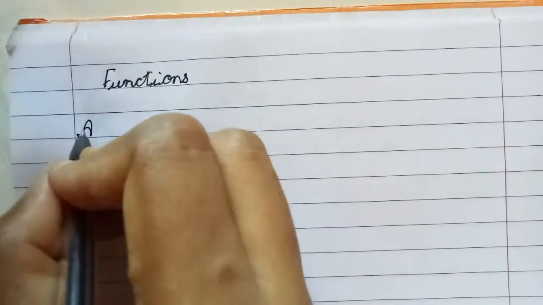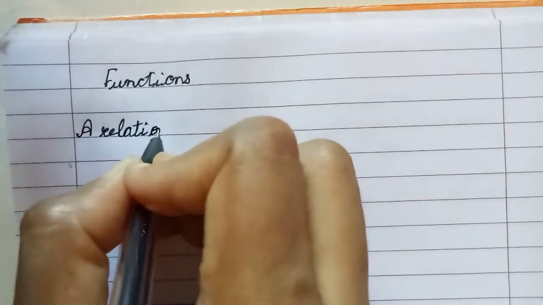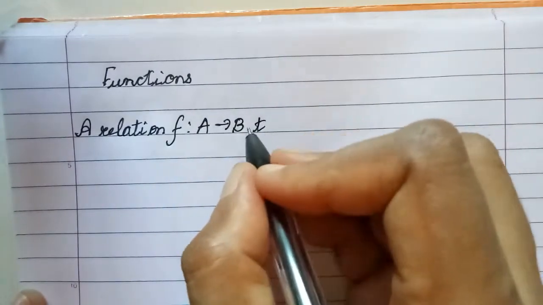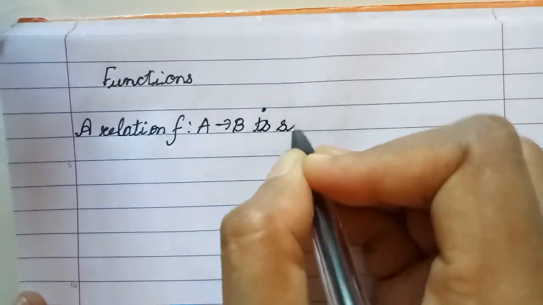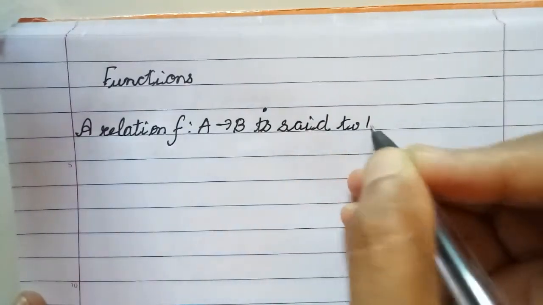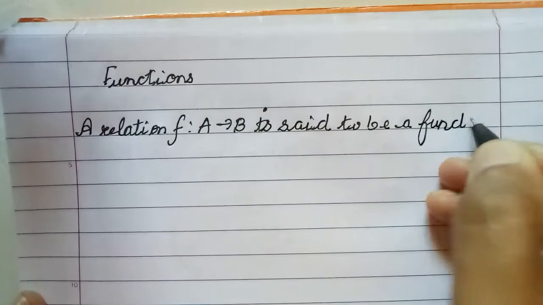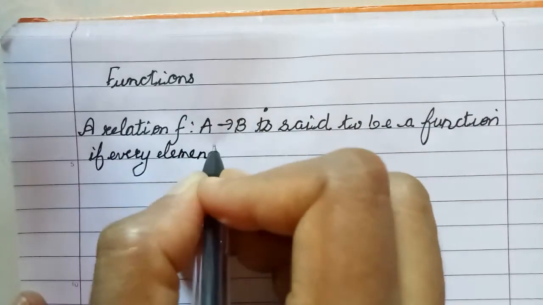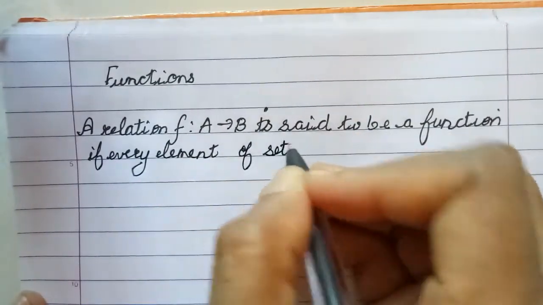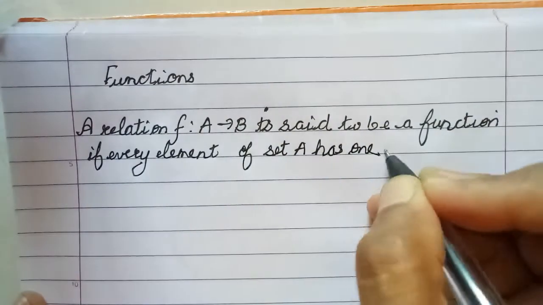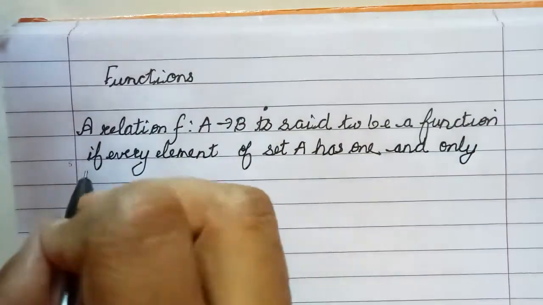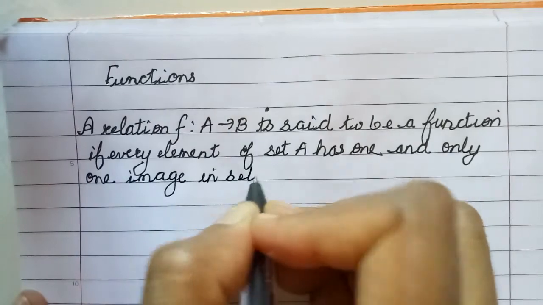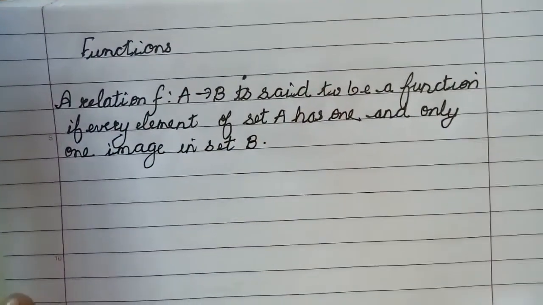So the definition is: a relation F from a non-empty set A to a non-empty set B is said to be a function if every element of set A has one and only one image in set B. Okay, very simple definition.